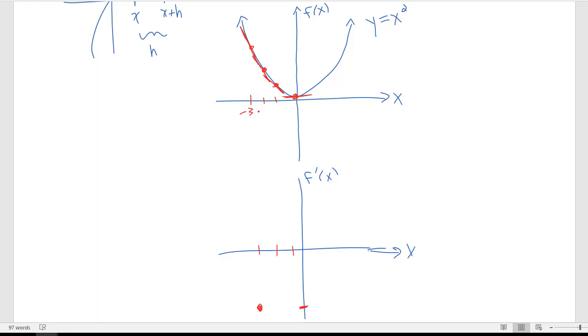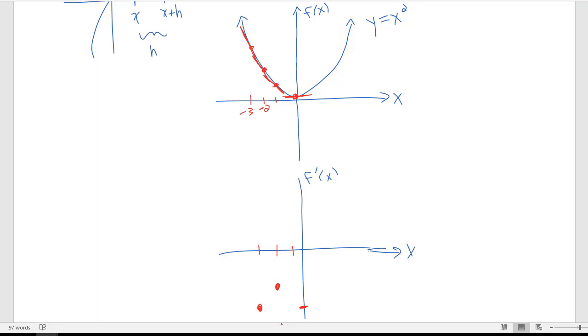So if I'm looking at -2 on the original function, I draw a tangent line and calculate that slope. This is a little less steep than the one prior. So if the one prior was -5, let's say this slope is -3. So at this x value of -2, I'm going to come down and plot a y value of -3.